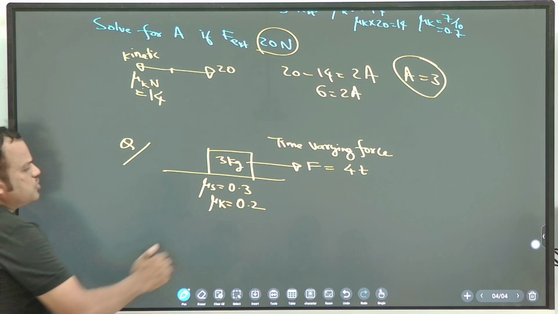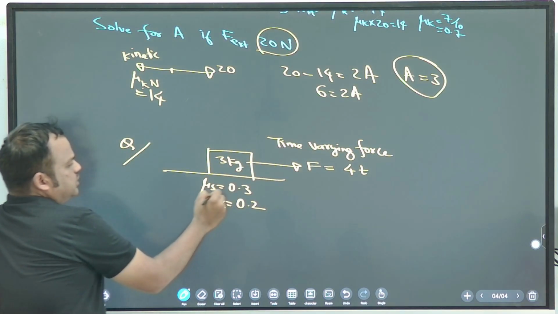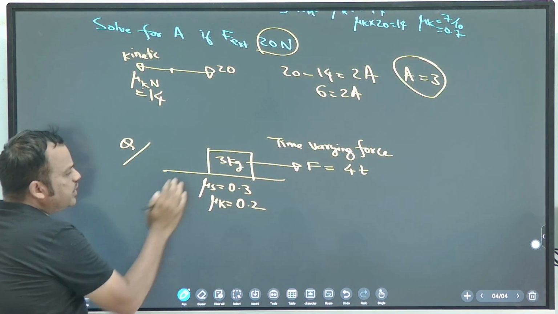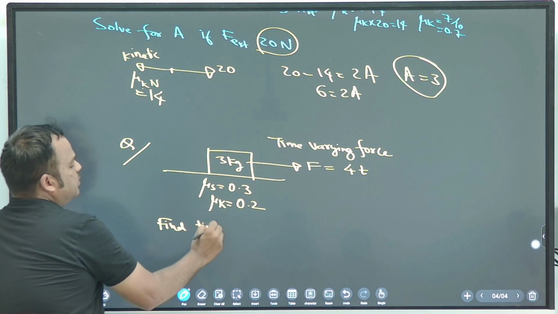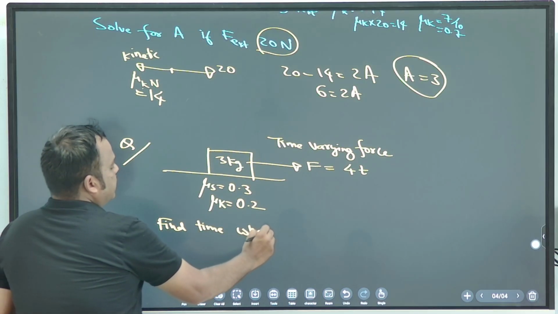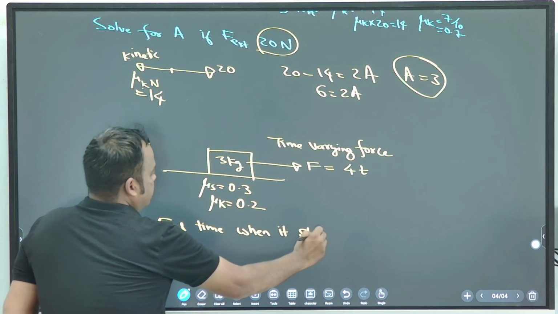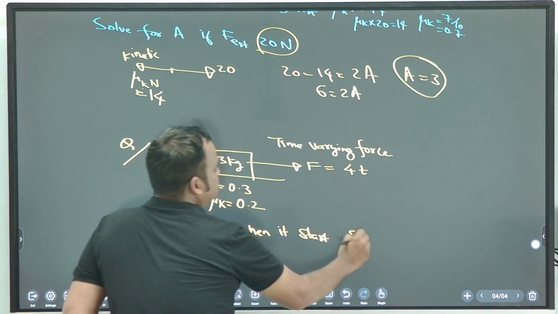Now find the time when it will start sliding.